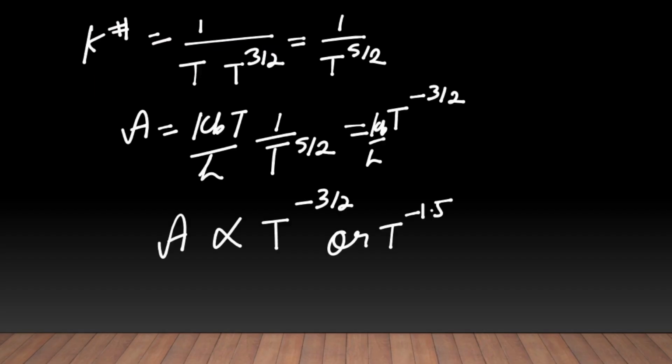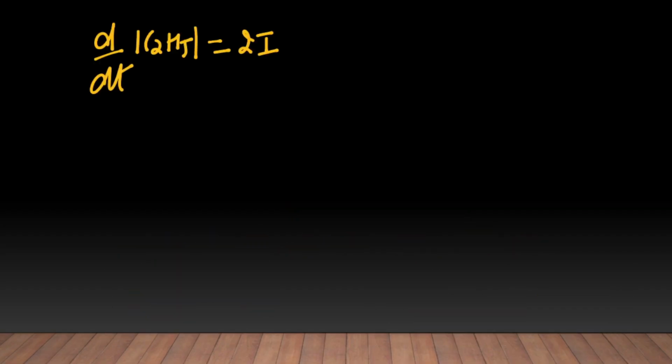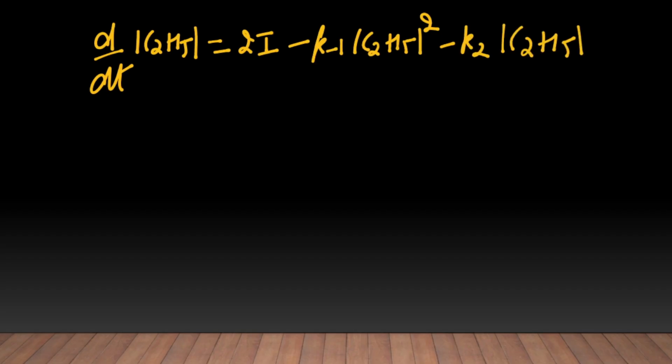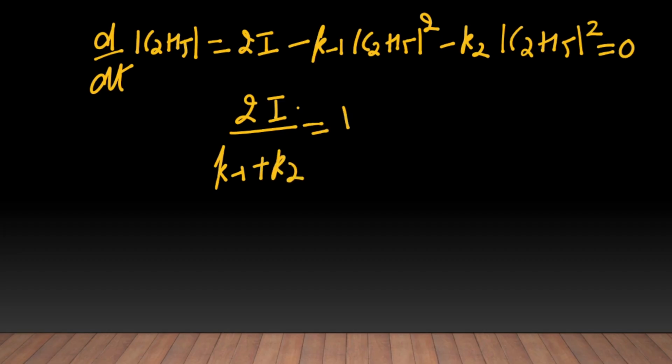So d by dt of [C2H5] is equal to 2I minus K inverse [C2H5] square minus K2 [C2H5] square, and this is equal to 0. So 2I upon K inverse plus K2 is equal to [C2H5] square.